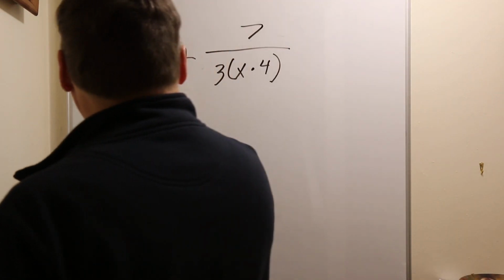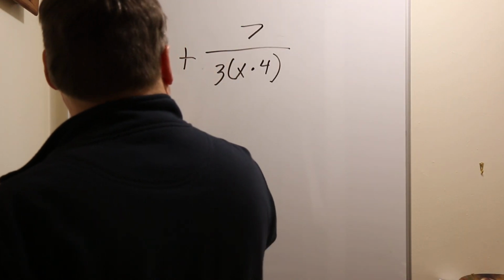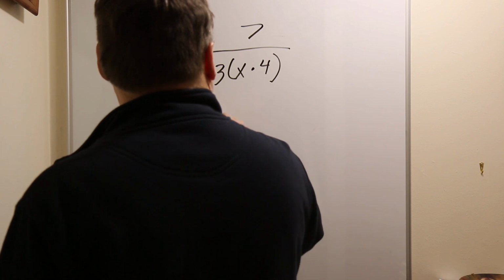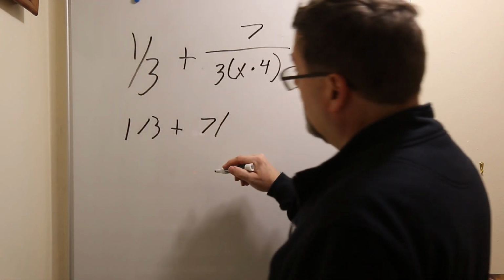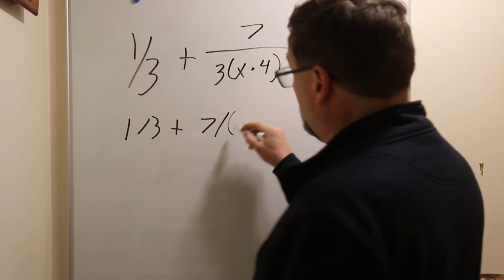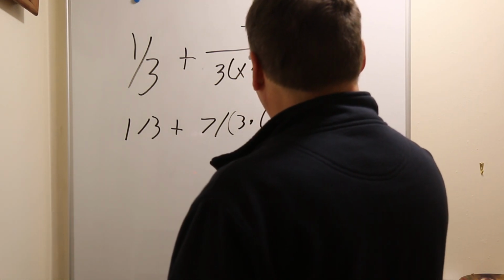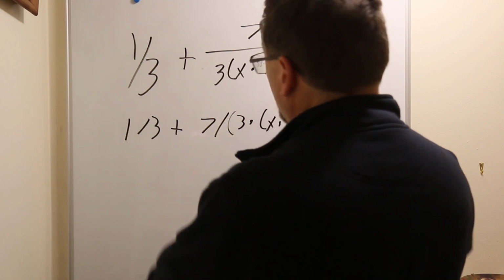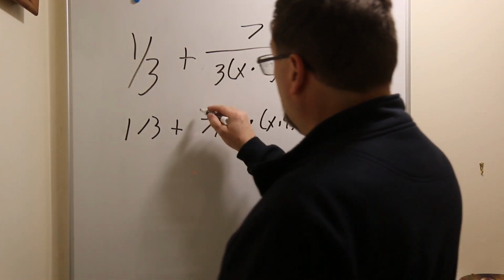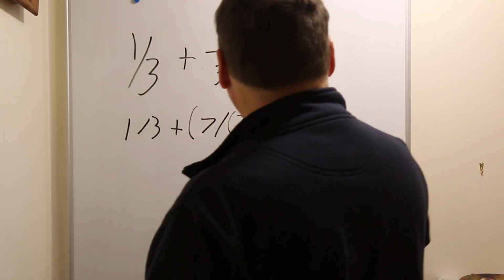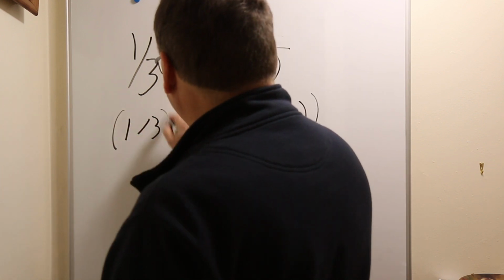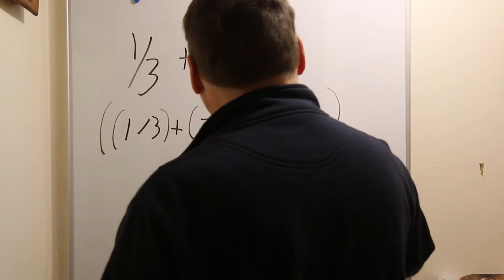So we do 1 divided by 3 plus 7 divided by, and of course, to do this right, we're going to have to put parentheses in, 3 times x times 4, and then that parenthesis. And then, of course, to make it really explicit, we have to put the parentheses in there, the parentheses there, and then don't forget the parentheses there.